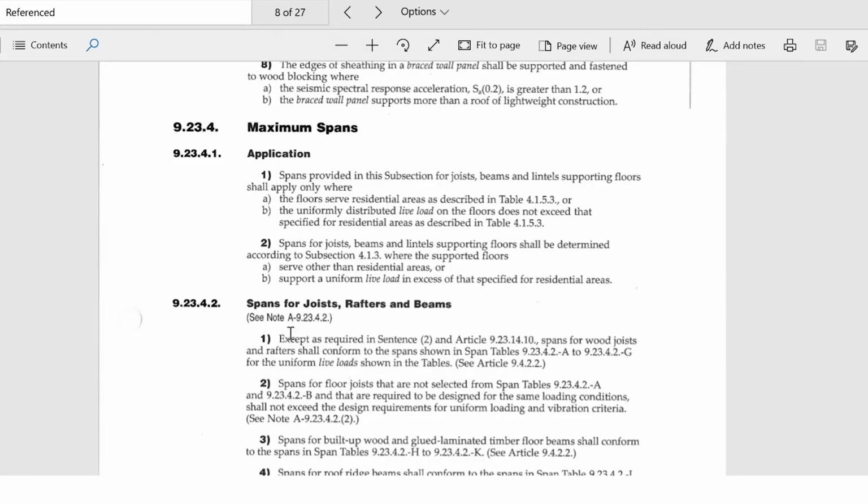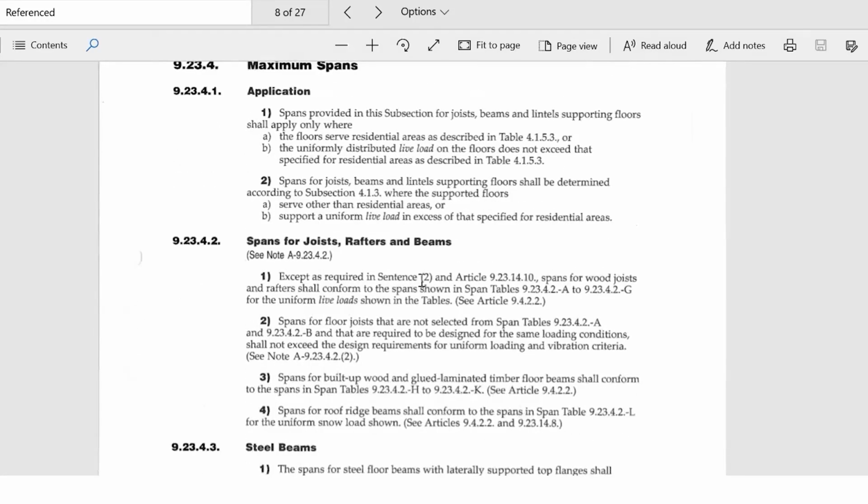And then spans for joists, rafters, and beams. Except as required in sentence 2 and Article 9.23.14.10, spans for wood joists and rafters shall conform to the spans shown in span tables 9.23.4.2A to 9.23.4.2G for the uniform live load shown in the tables. And we know now where to find those span tables.